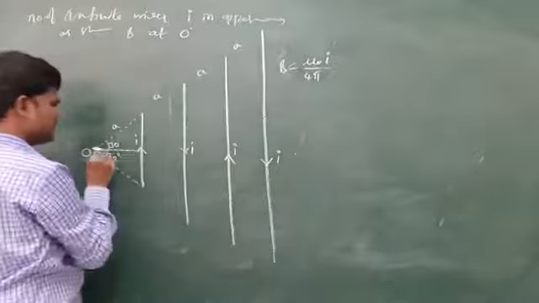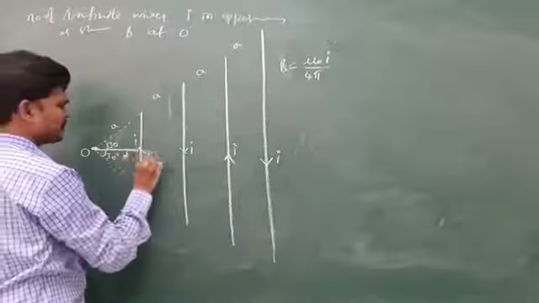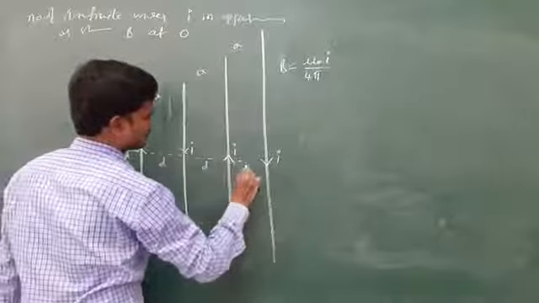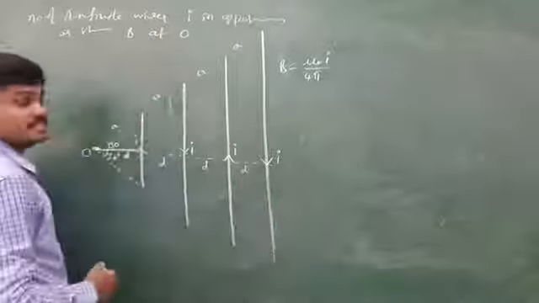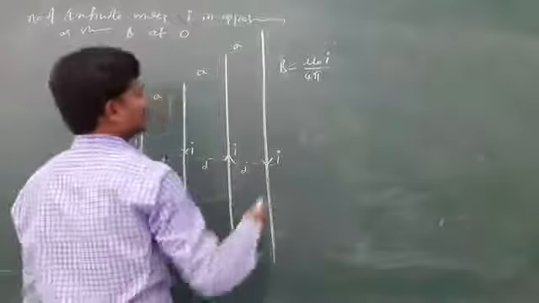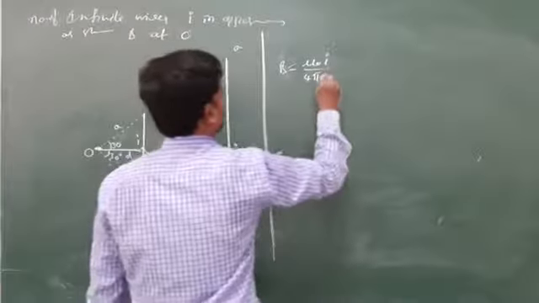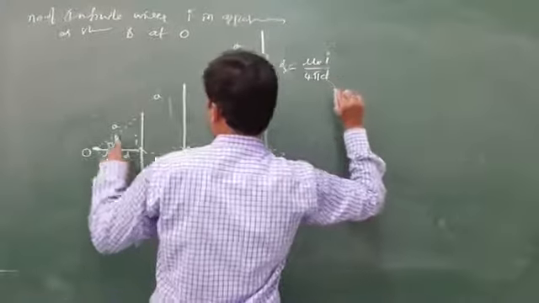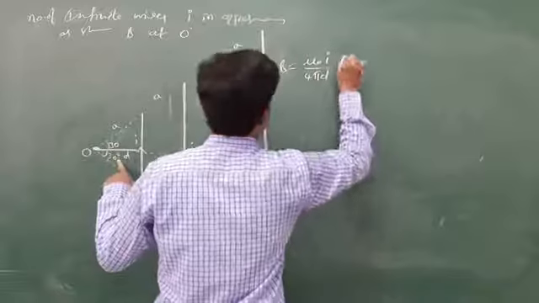D is nothing but this distance. This is d, this is d, this is d, so on. Each is separated by distance d. So mu naught I by 4 pi d times sin 30 plus sin 30, which is 1 by 2 plus 1 by 2.